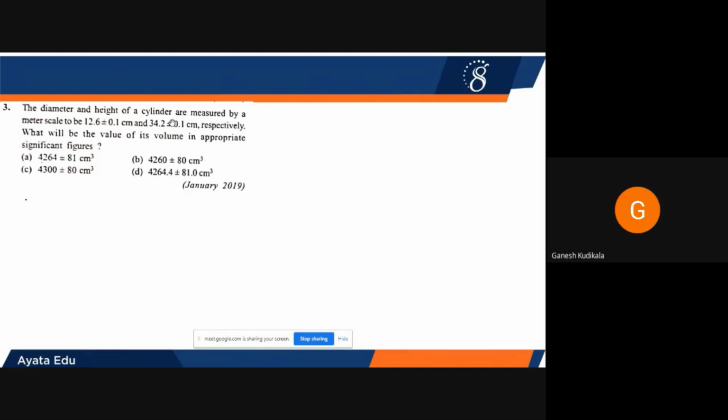First let us go for the volume. The volume of a cylinder is given by the formula pi r square h, but he has given the diameter. So therefore, r will be equal to diameter by 2.